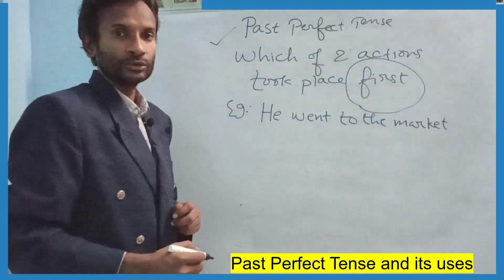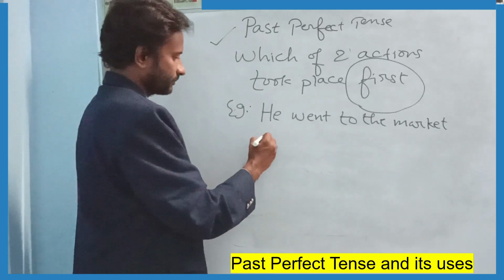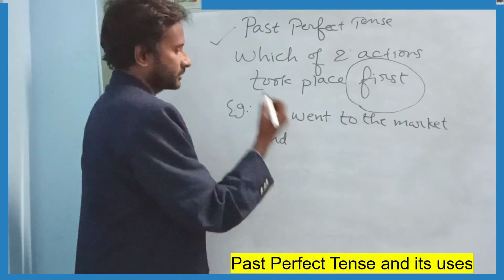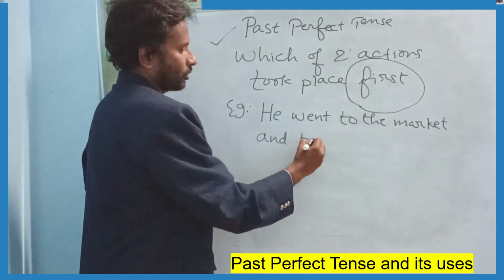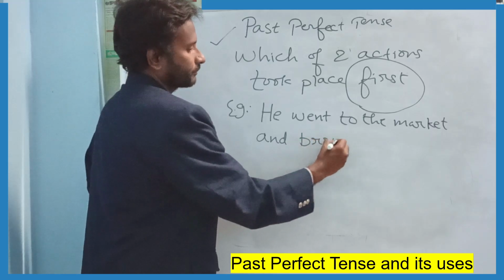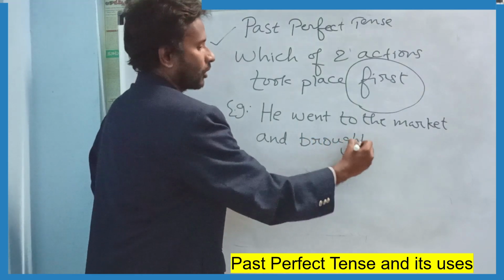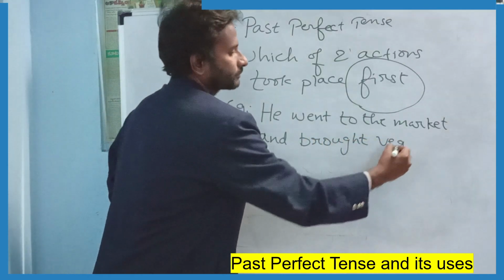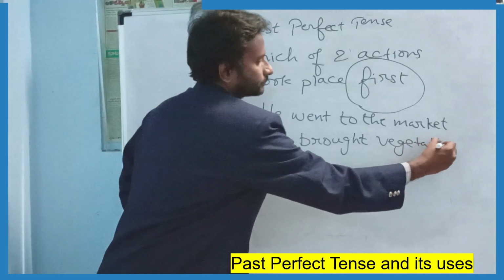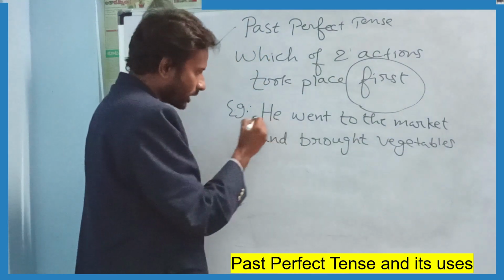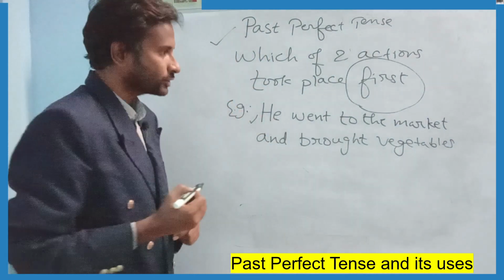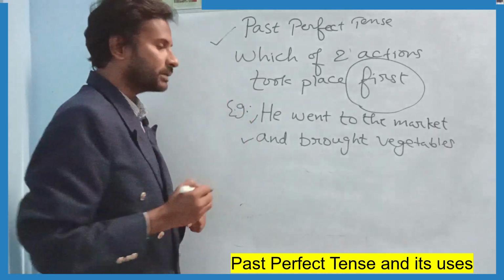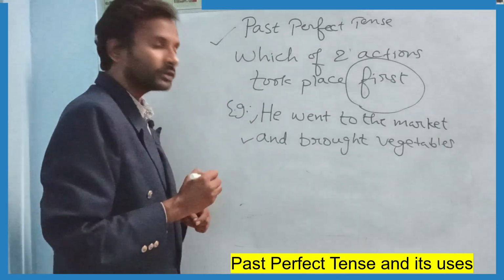He went to the market and brought vegetables. Now, what are these? This is one past action: he went to the market. And this is another past action: brought vegetables.